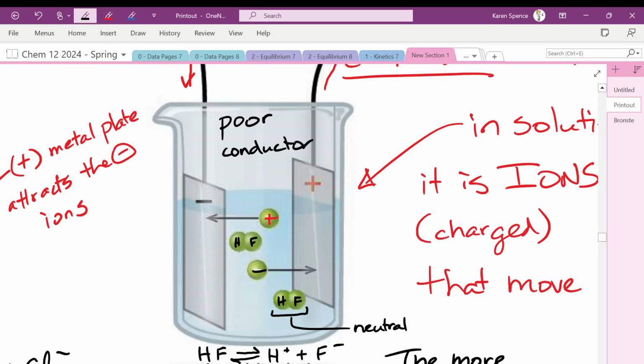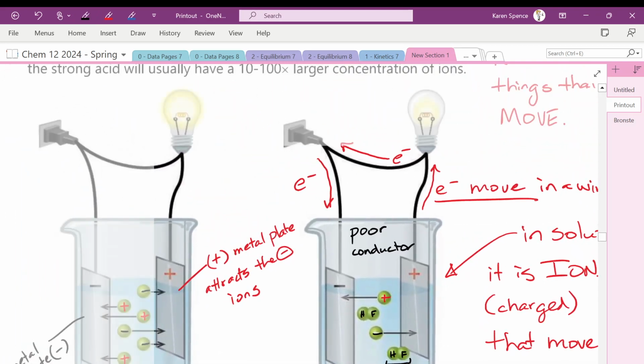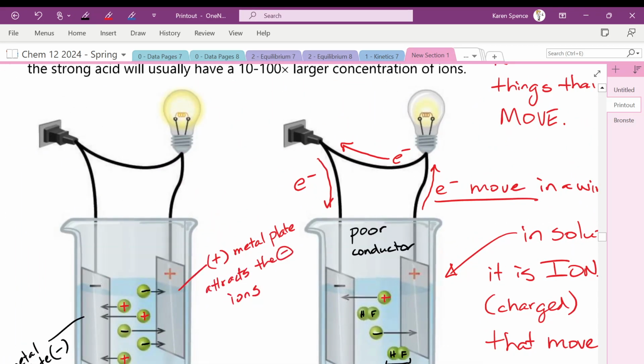And what you're going to see here in our little pictures is that over on the left-hand side, we have lots of light coming out of the light bulb because we have lots of ions. The weak acid, we have few ions. So it's a poor conductor, so we only get a little bit of light.